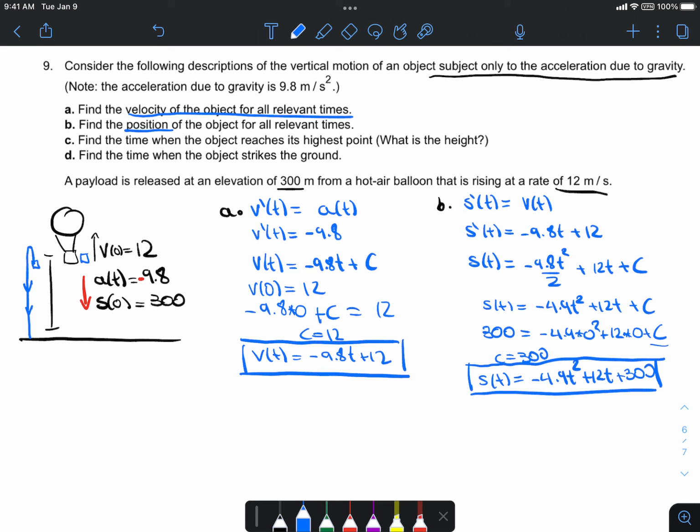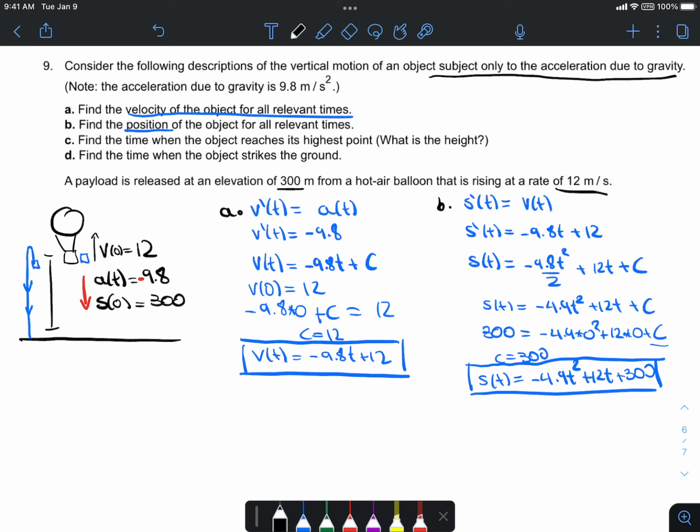point. So the highest point, based on what we guessed about its trajectory, will happen at the maximum of this, right? The time when this is maximum. So we have two ways of analyzing that. You can look at this as a concave down parabola, right?